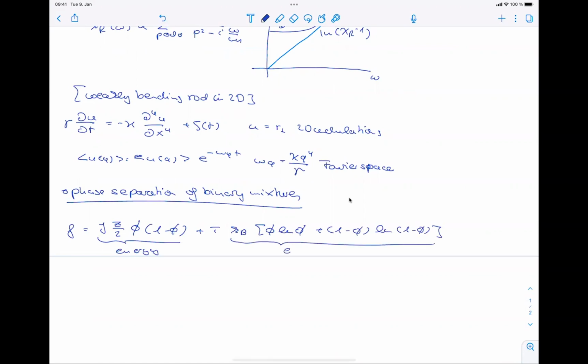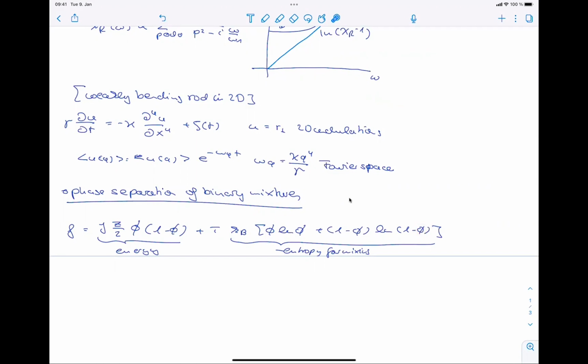This being the entropy, minus the entropy actually, mixing entropy. So there are 2 contributions describing our mean field well-mixed solution just by the volume fraction of, say, our solute in our solvent.